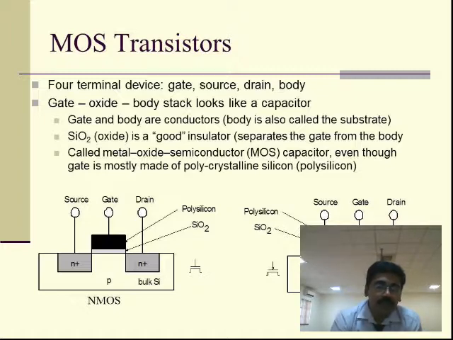And over this P-type substrate we are going to put an SiO2 insulator and polysilicon, which is a semiconductor material that acts as a metal. These three stacks combined together are called the MOS stack: metal, oxide which is an insulator, and semiconductor. Based on this we construct an NMOS transistor.